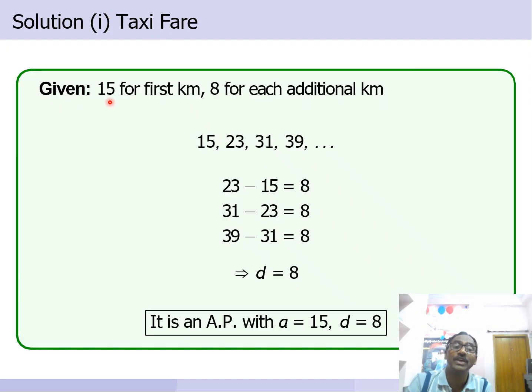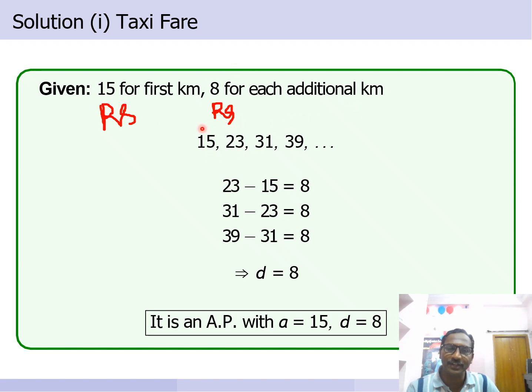Taxi fare: you can see given 15 rupees for the first kilometer, 8 rupees for each additional kilometer. So this is an arithmetic progression.